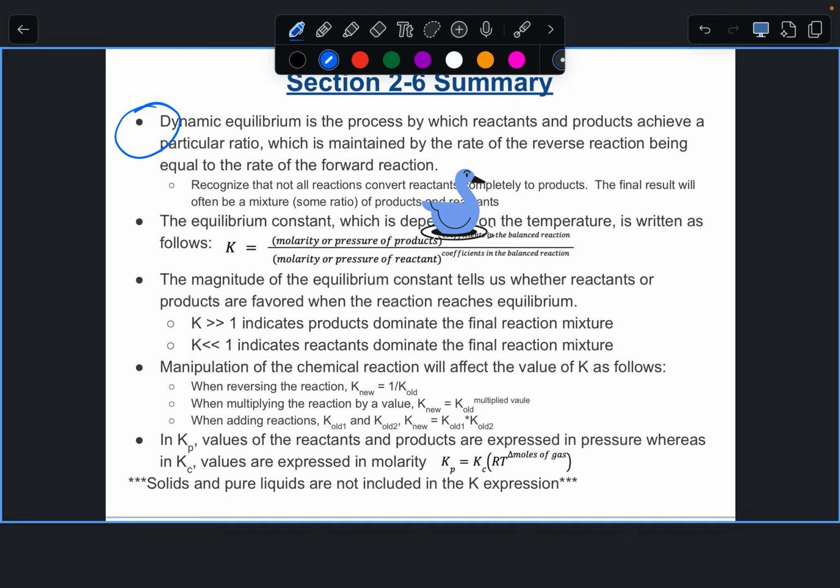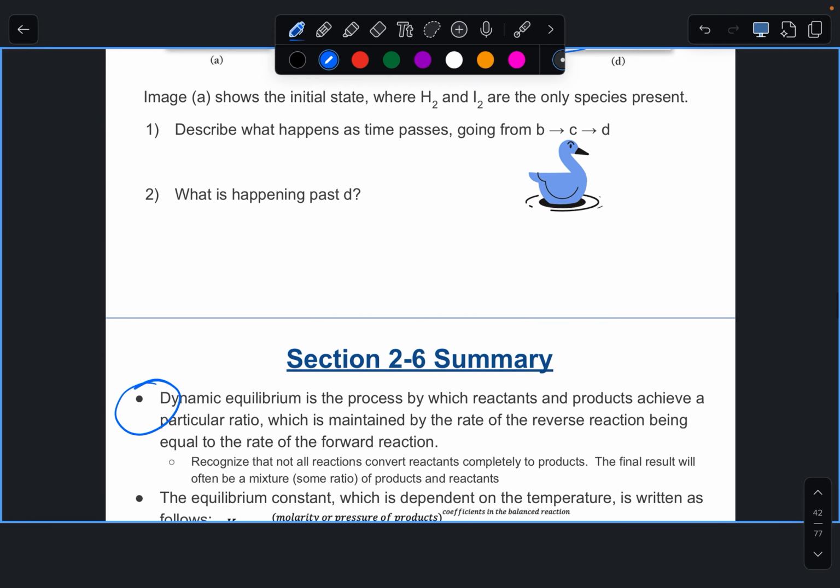It can be any number. A K of 1 would represent even balanced concentrations. Think of every number as that number over 1, so 10 is equivalent to a 10-to-1 ratio. A K of 1 is equivalent to a 1-to-1 ratio.